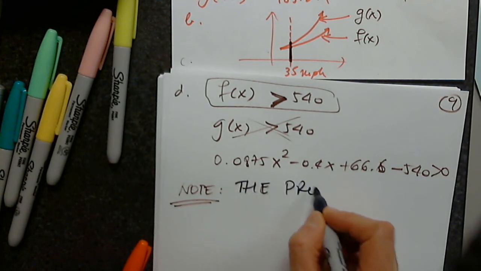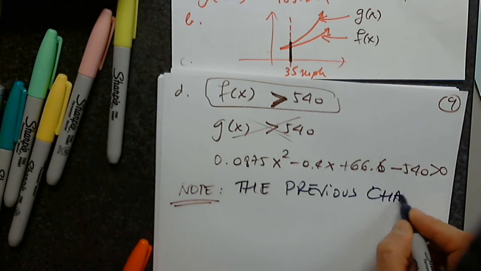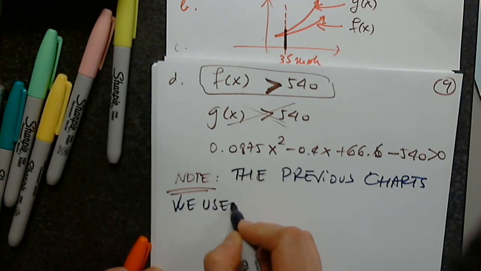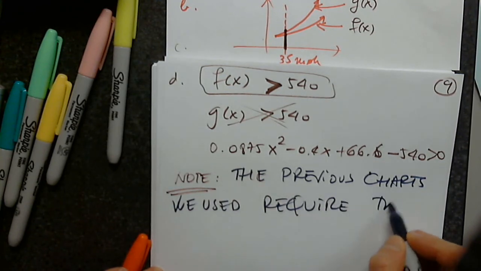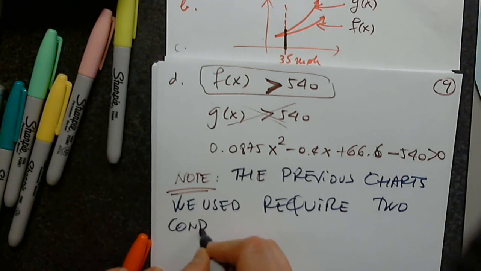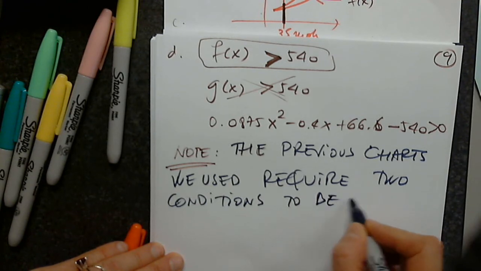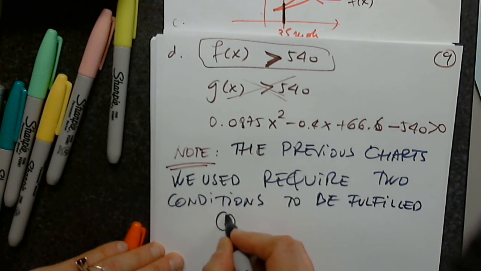The previous tables or charts we used require two conditions to be fulfilled. Condition number one.